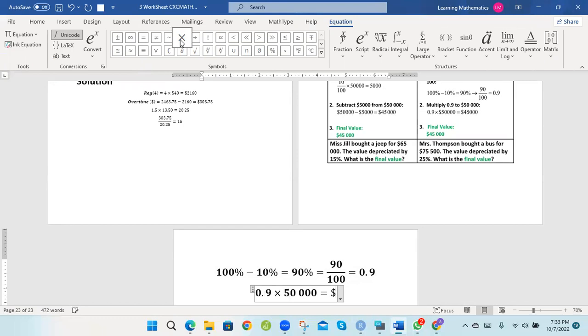And that should give us the future value, which is reduced, from 50,000 to 45,000. A flexible approach: always begin with 100%, because it's depreciation we subtract the percentage, then we convert it to a decimal. And because we find the future value, we multiply.